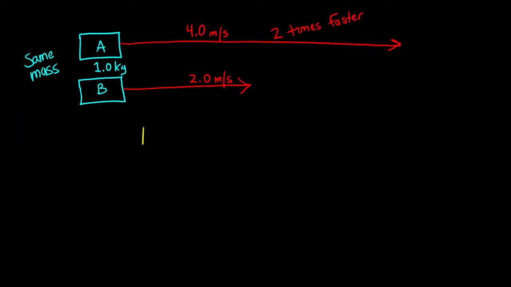In calculating the kinetic energy of object A, we will do 1/2 the mass of object A, which is 1 kilogram, times the velocity of object A, which is 4 meters per second, and that square affects only the 4.